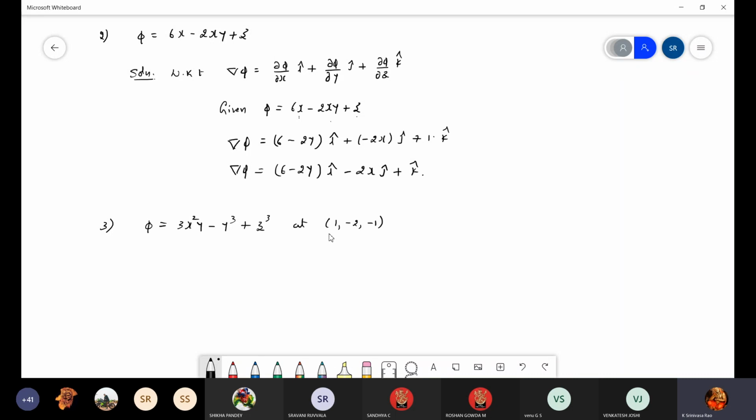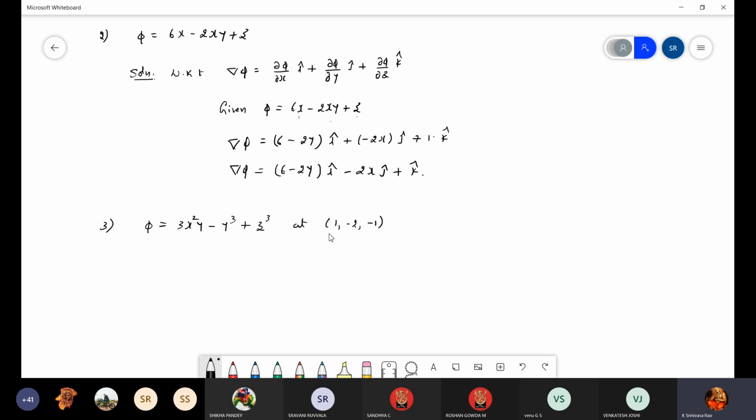In a triplet, the first one is always x, the second is y, and the third is z, which means x equals 1, y equals minus 2, z equals minus 1, and you have to substitute these at the end of the solution.